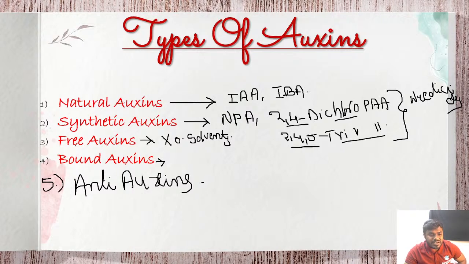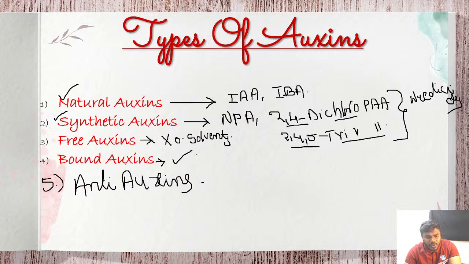Now you can ask me, sir, give me an example for the free auxin. I can tell all of you, a free auxin may be a natural auxin, and a free auxin may be a synthetic auxin also. But if this auxin is isolated without any organic solvent, we call it free auxin. Then what do you mean by the word bound auxin?